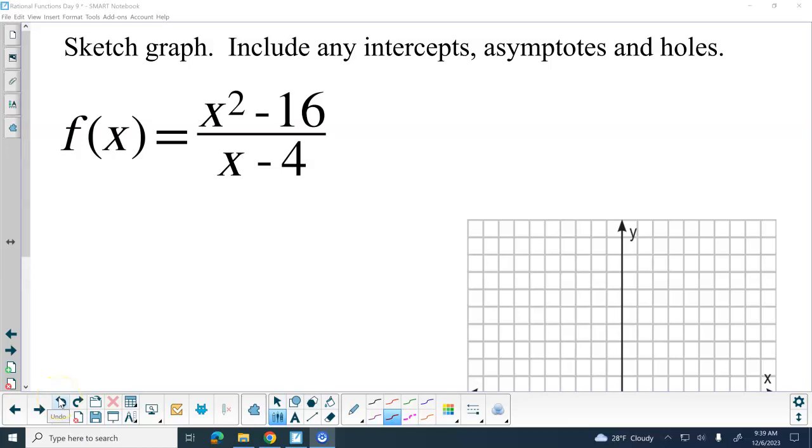Good questions. You guys were asking good questions of each other. Okay? So, step number 1. Simplify. You have your supplemental sheet? Yeah.